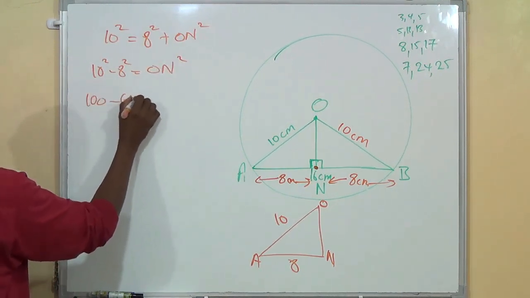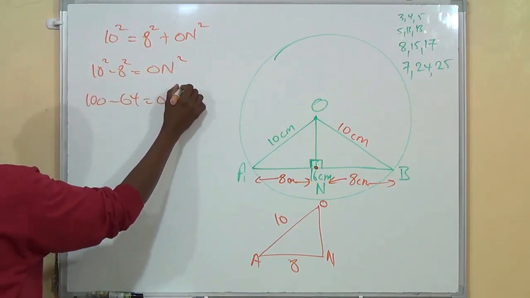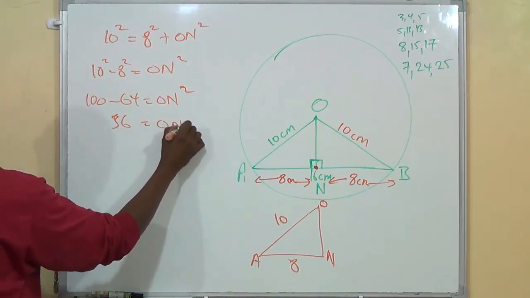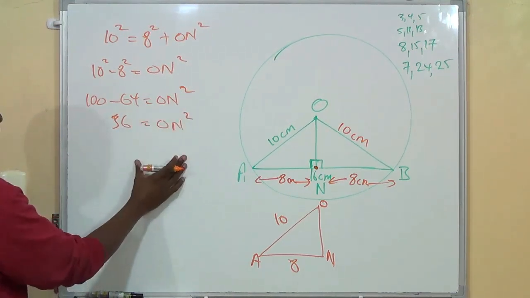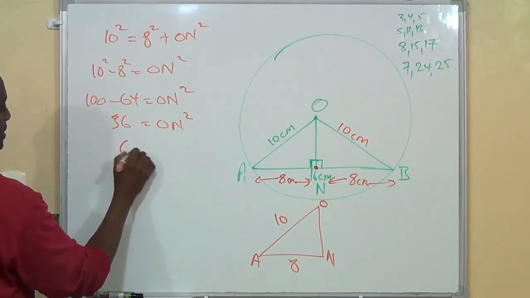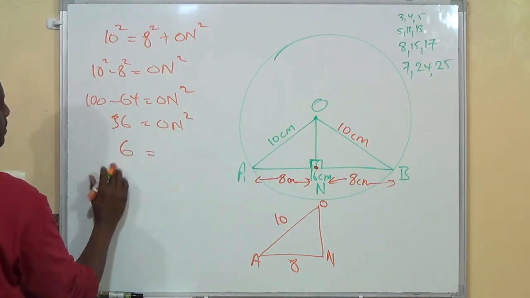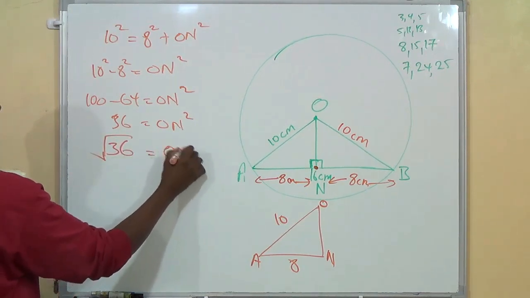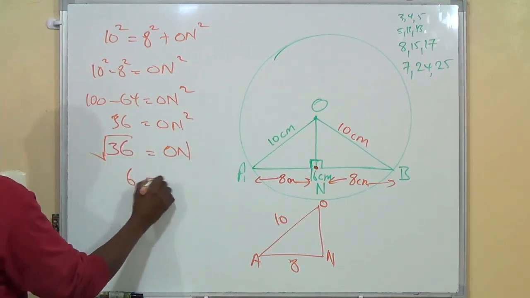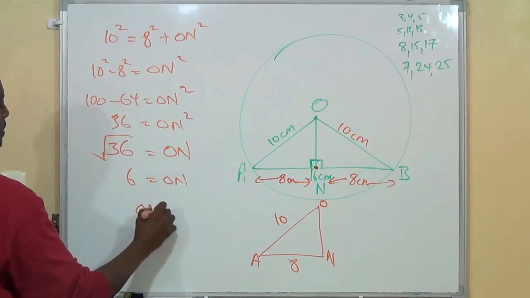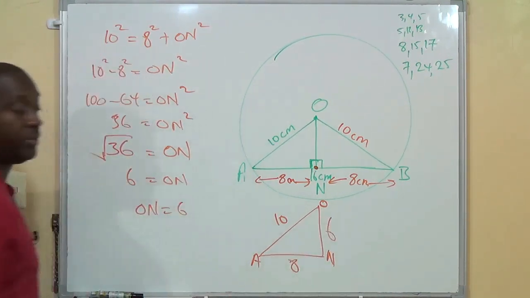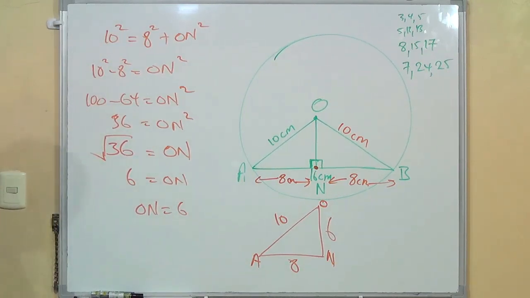So 100 minus 64 is equal to ON squared. So 36 is equal to ON squared. And if 36 is ON squared, then the square root of 36 is equal to 6. Well, let me continue. Let me finish it up. The square root of 36 is equal to ON. So 6 is equal to ON. So ON is equal to 6. Alright? We do that using Pythagoras theorem.